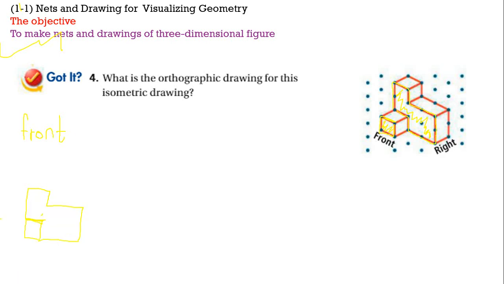Now I'm going to draw the right. So the right will be this side. That's what I can see on the right here and this side. So what am I going to do? I will draw what I highlight.